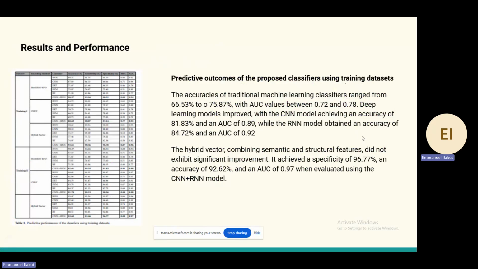It accurately predicted negatively 96.77% of the data in our training sets, and the accuracy was 92.62, which was a very big sign that this was working.